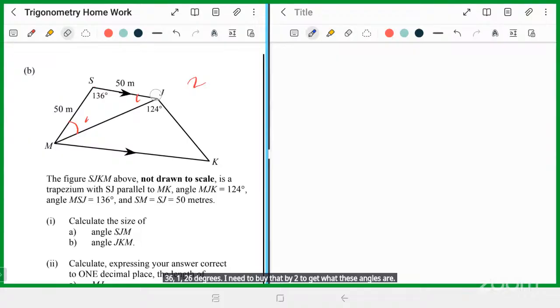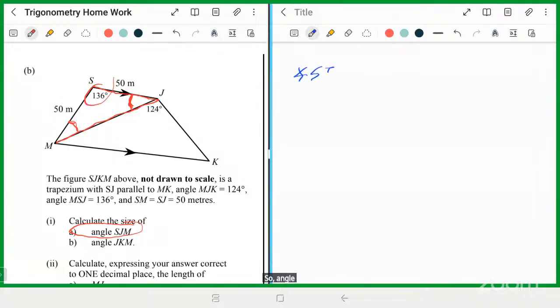Alright, so I'm going to kind of go ahead of myself, but that's alright. So I must calculate angle SGM. SGM inside here. That angle and this angle are the same. So it's going to be 180 minus 136 divided by 2. So angle SGM equals 180 degrees minus 136 degrees.